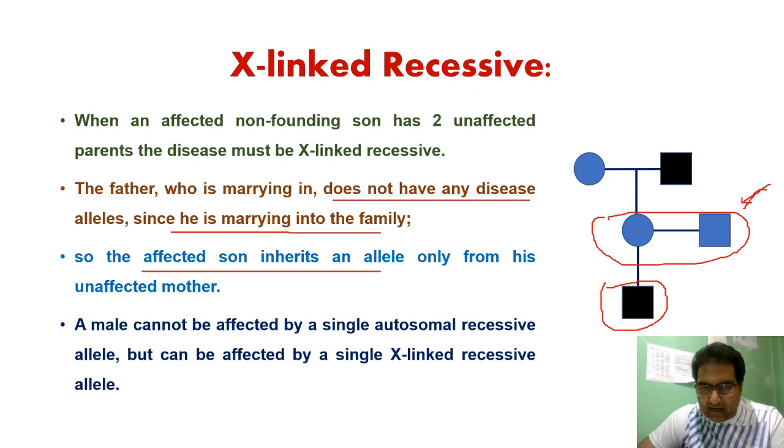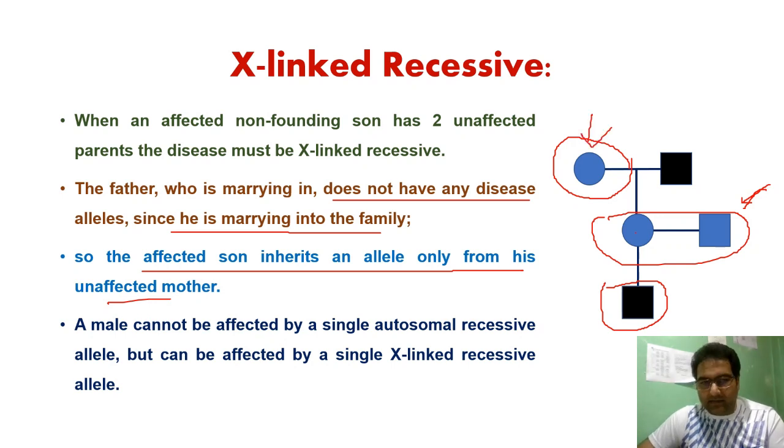So the affected son inherits the allele only from his mother. So it is obvious that this very son inherits an allele only from his unaffected mother. So this very mother, though she is looking unaffected, might be a carrier of the disease.